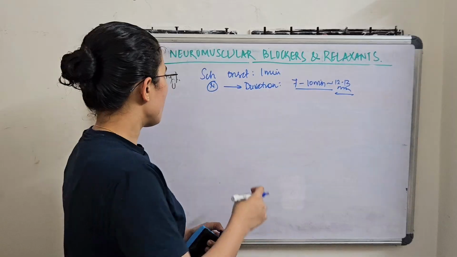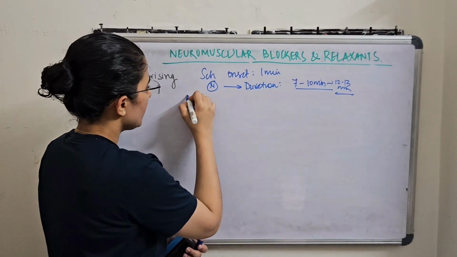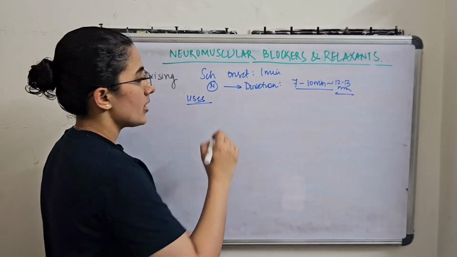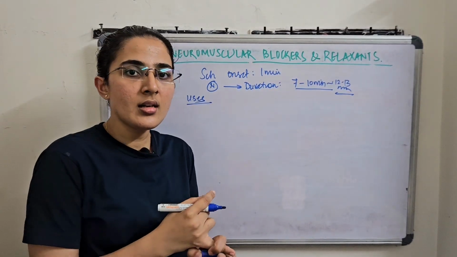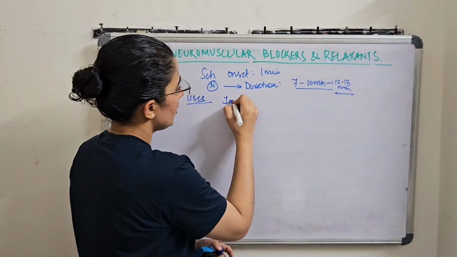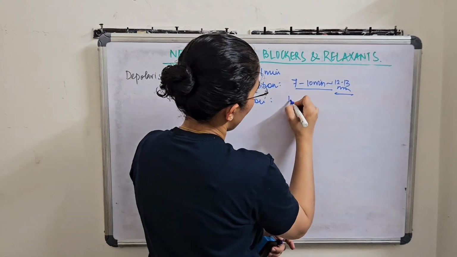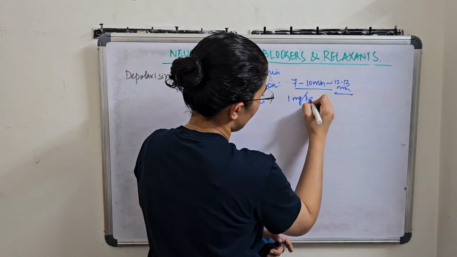Then, what are the main uses of succinylcholine? First, it is used for intubation. The normal intubating dose of succinylcholine is 1 milligram per kg body weight.